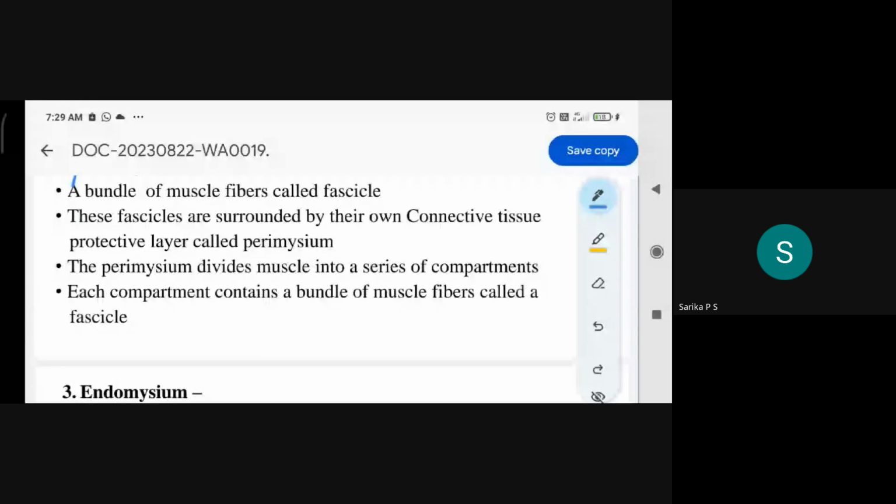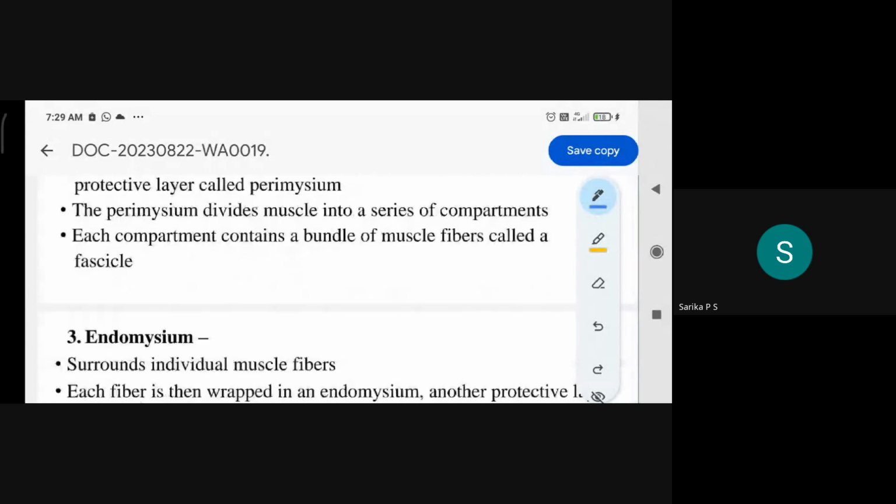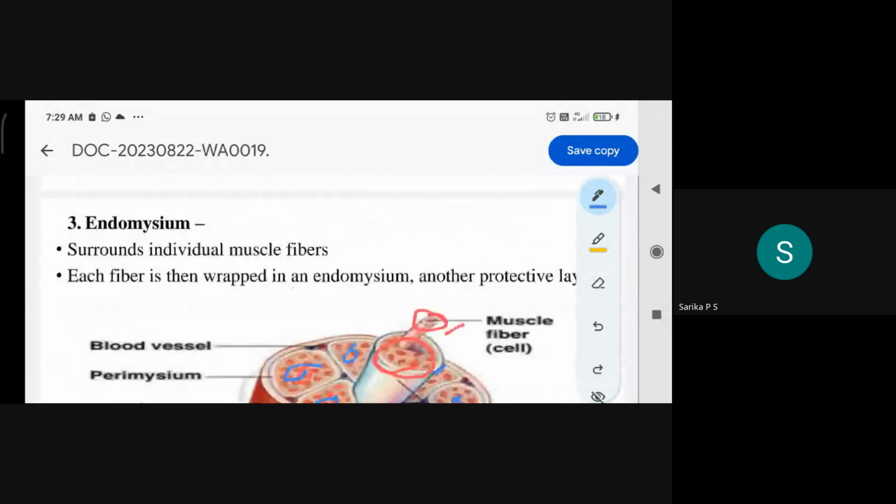So I think you got the concept: a group of muscle fibers makes a fascicle, that fascicle is covered by perimysium, and these bundles of fascicles make one muscle. That muscle is covered by epimysium.